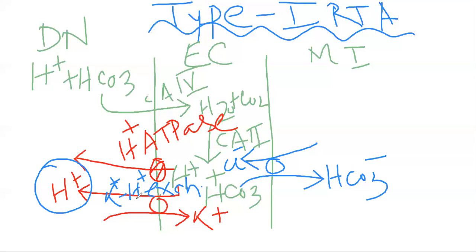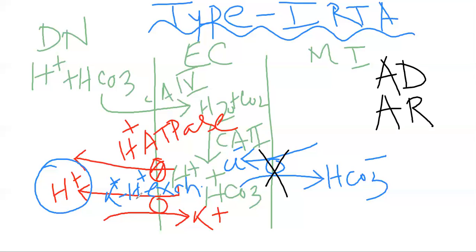Defect in the alpha intercalated cell can be an autosomal dominant disorder or an autosomal recessive disorder. Autosomal dominant disorder occurs when there is a mutation in the chloride bicarbonate exchanger, which is also known as anion exchanger 1. So if there is a mutation in the anion exchanger 1 channel, it is an autosomal dominant disorder, and type 1 renal tubular acidosis can be produced. The other variant of type 1 renal tubular acidosis is the autosomal recessive disorder.